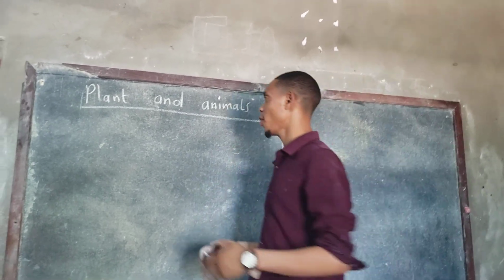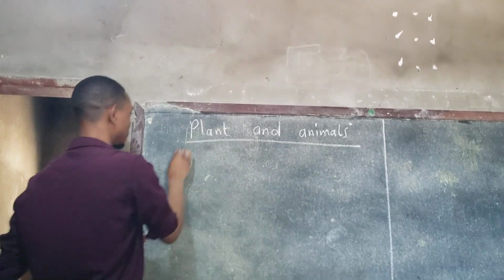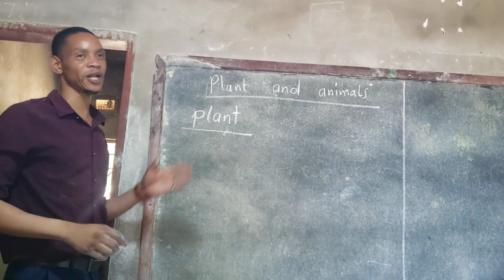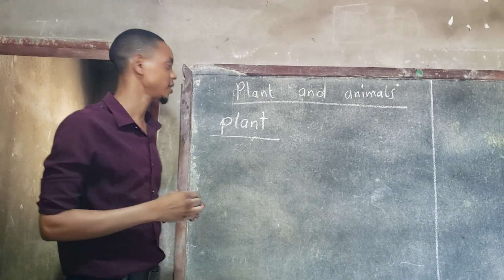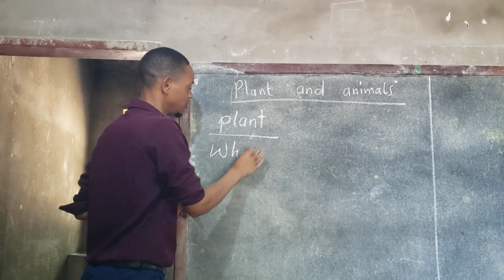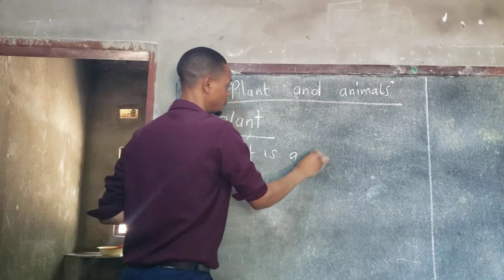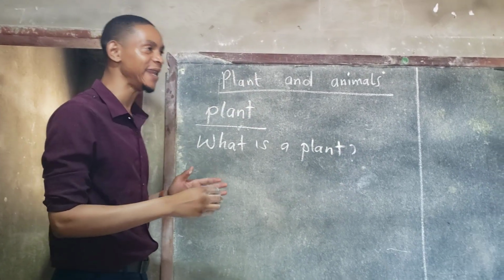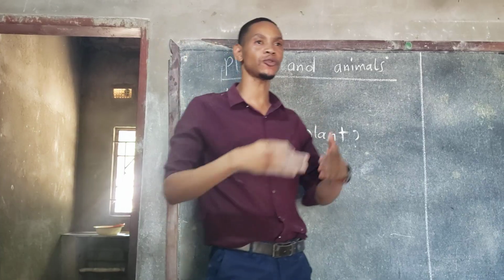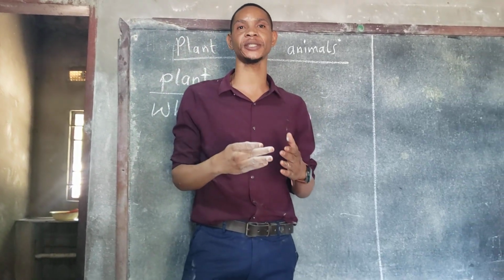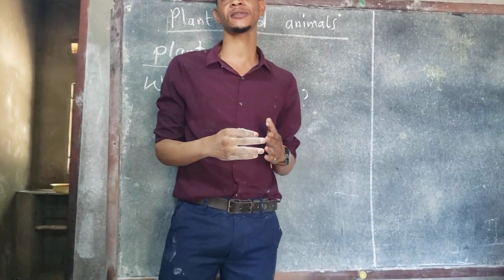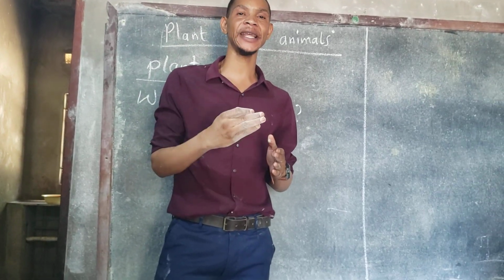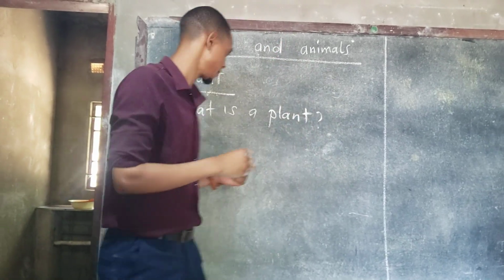So first of all, we're going to look at a plant. Now, the word plant. What is a plant? The definition of a plant is anything that can grow out of the soil and can carry out the process of photosynthesis.